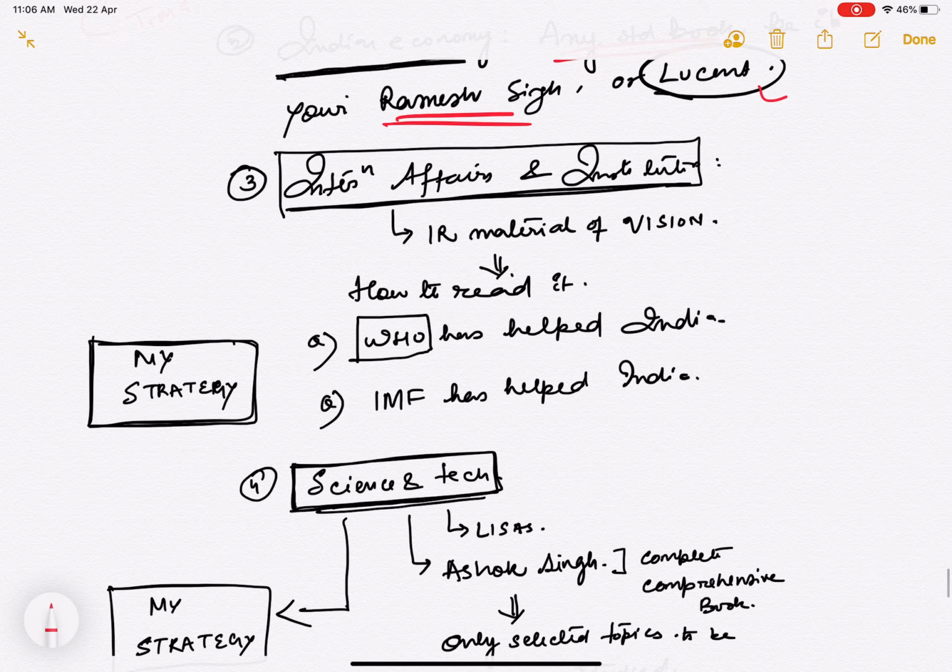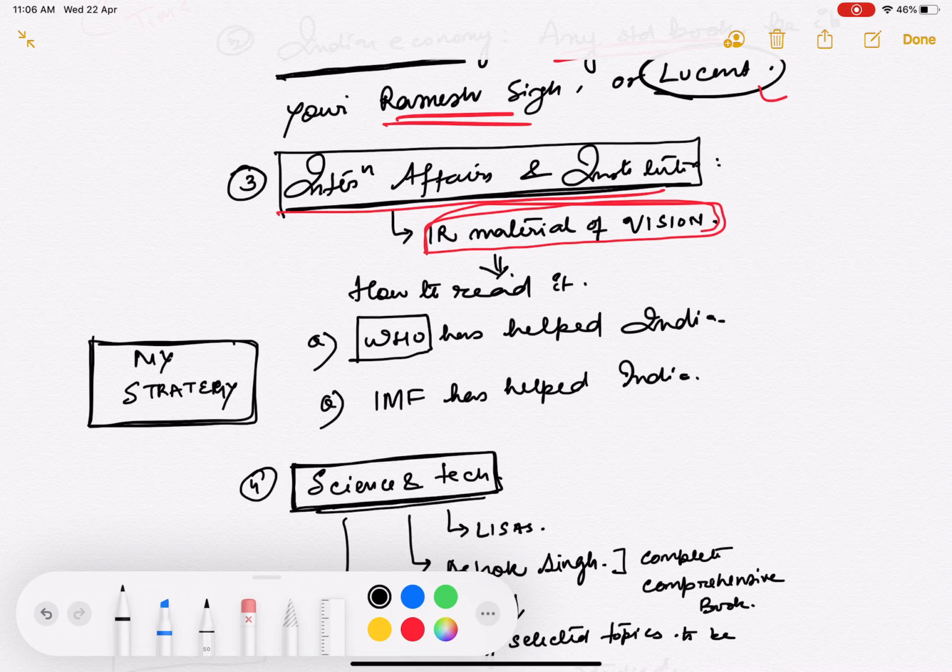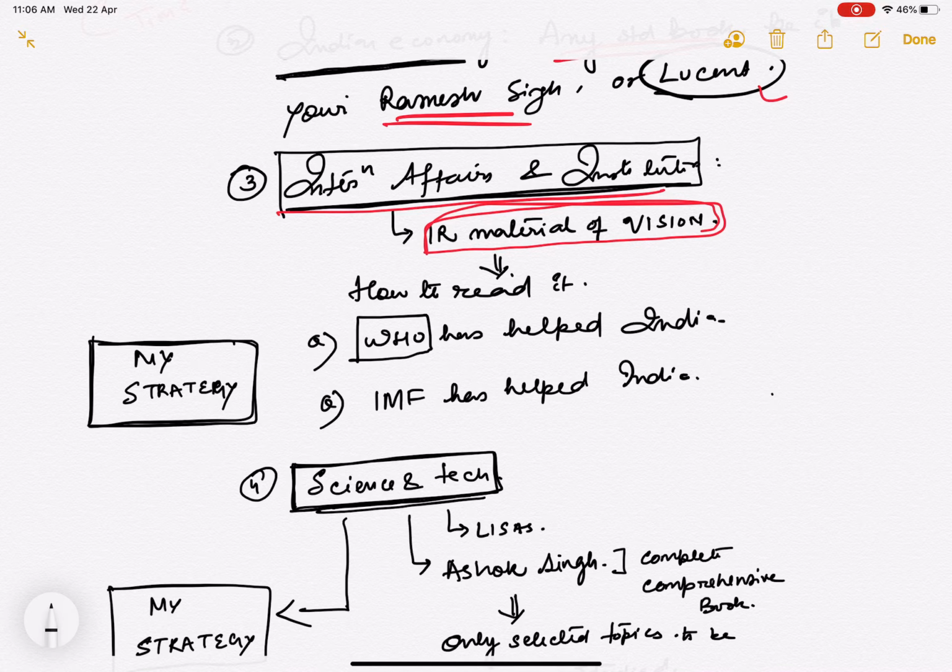Next, with respect to international affairs and institutions, again you have the IR material of Vision. See, international affairs and institutions, basically what happens is that OPSC picks up what is in the current trend. Now how to find it out?